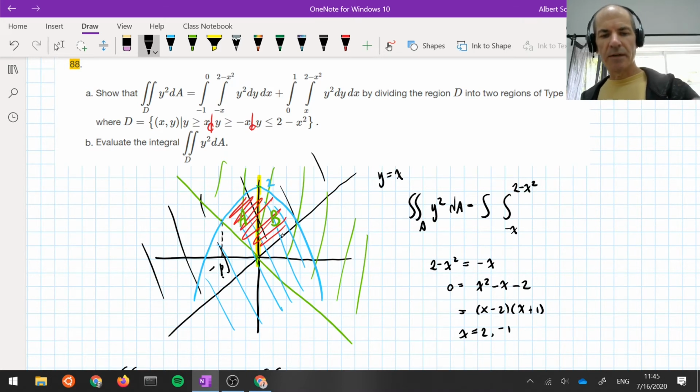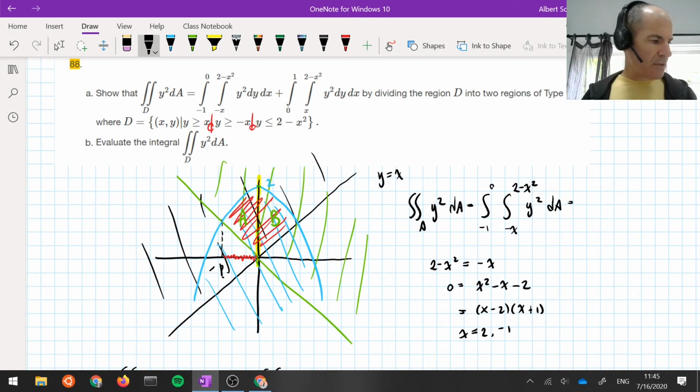So we've just figured out that if we took this figure and we smashed it down onto the x-axis, it would cover this part of the x-axis. That helps us determine the limits along the x-axis, negative 1 to 0. Oops, I've always got to put the smaller number at the bottom. Negative 1 to 0, y squared dA.